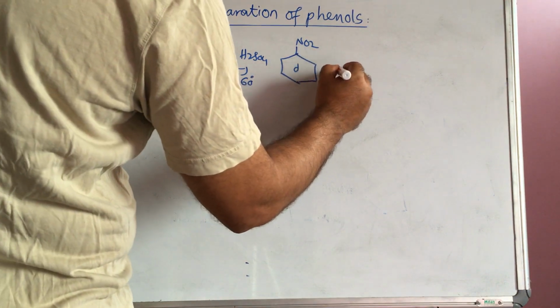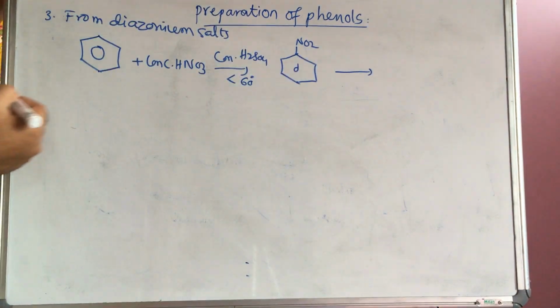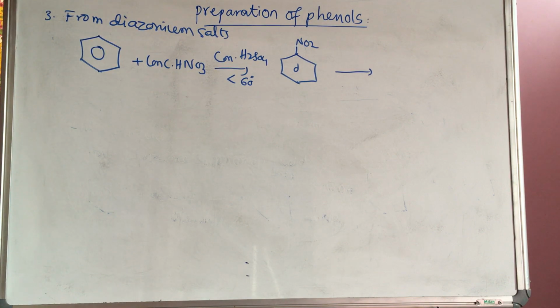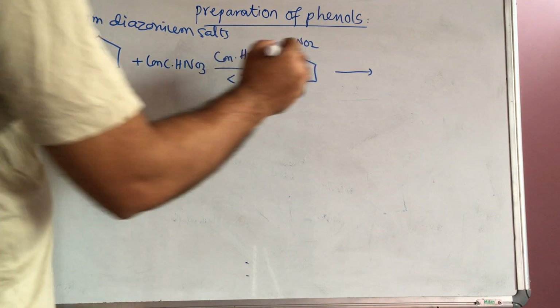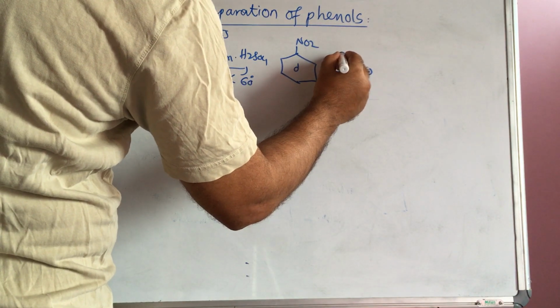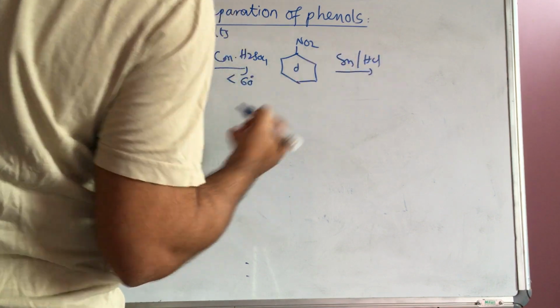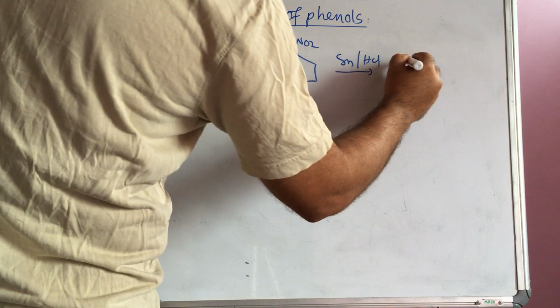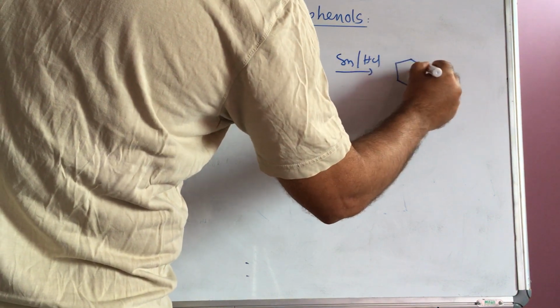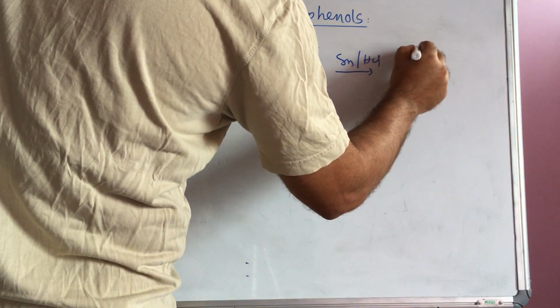This nitrobenzene, on treating with any reducing agent, for example Sn/HCl or Zn/HCl, will be converted into the amine, that is aniline.